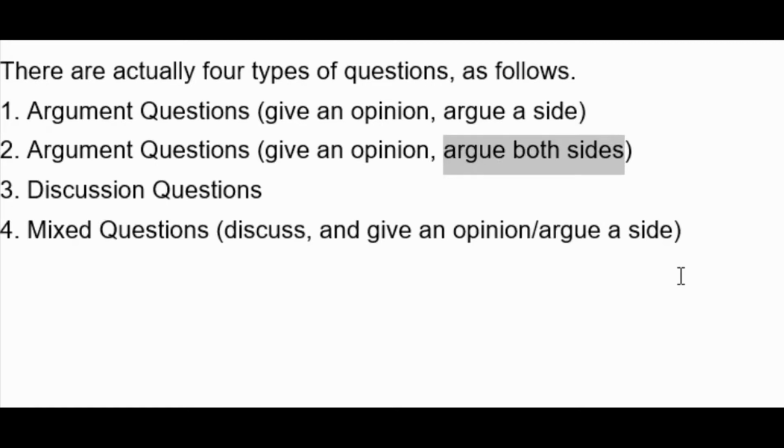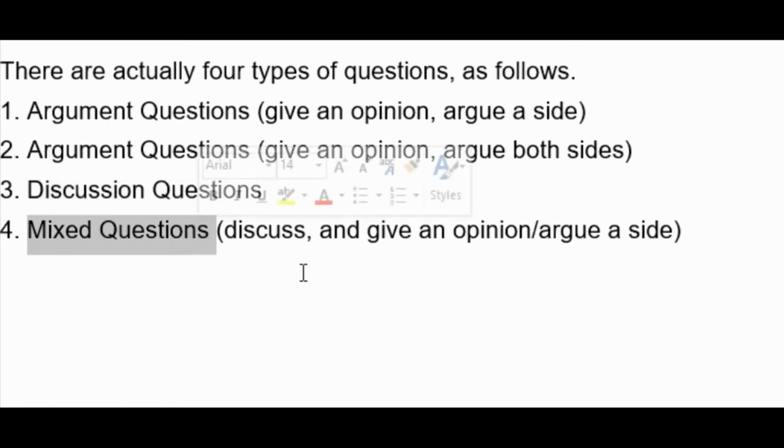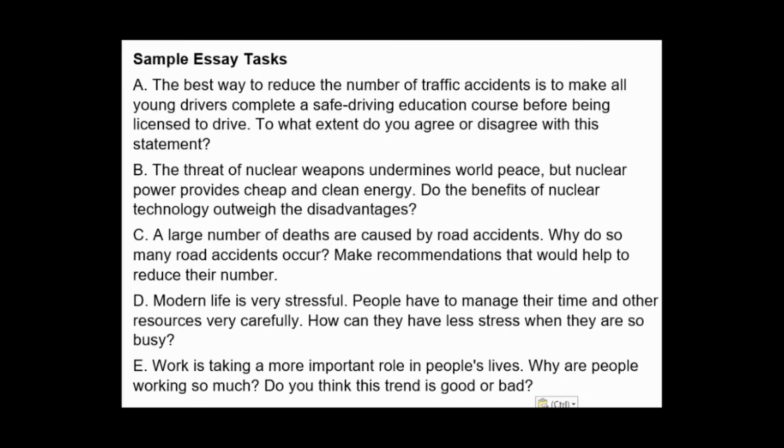So for example, you have to argue that something is advantageous, but also that something is disadvantageous. And then there are discussion questions where you don't really need to give an opinion, you just need to discuss the issue. And then there are the mixed type questions where you have to do both. You have to discuss the issue and either give an opinion or argue a side. So let's look at some examples of these.